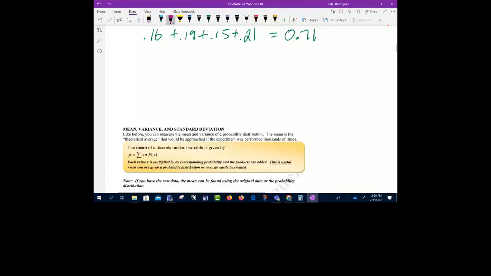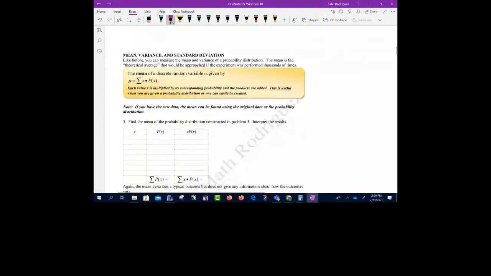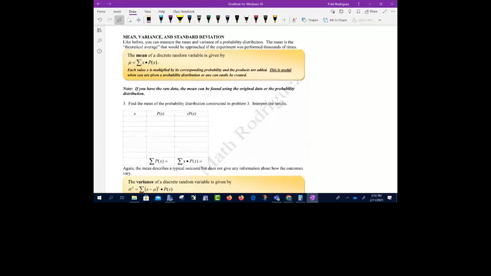So y'all, we're going to find what we call the mean, the variance, and the standard deviation of a probability distribution. First thing I'm going to do is copy what we had in the first table down over here. Right here, I'm going to write 0, 1, 2, 3, 4, 5, 6, 7.